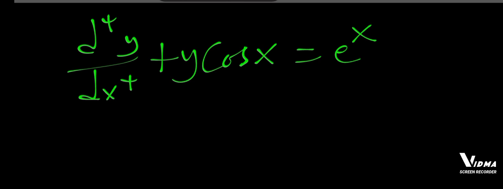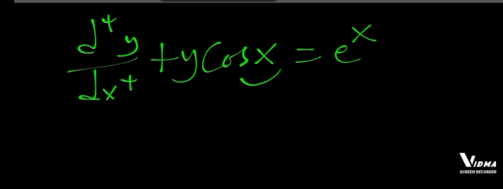With just a glance, I can say this is a linear differential equation, because they are all in the first degree, there is no product of the dependent variable and any derivative of itself, and lastly, there is no transcendental function of y. Remember this is cos x, so it is not cos of y, it's cos x.